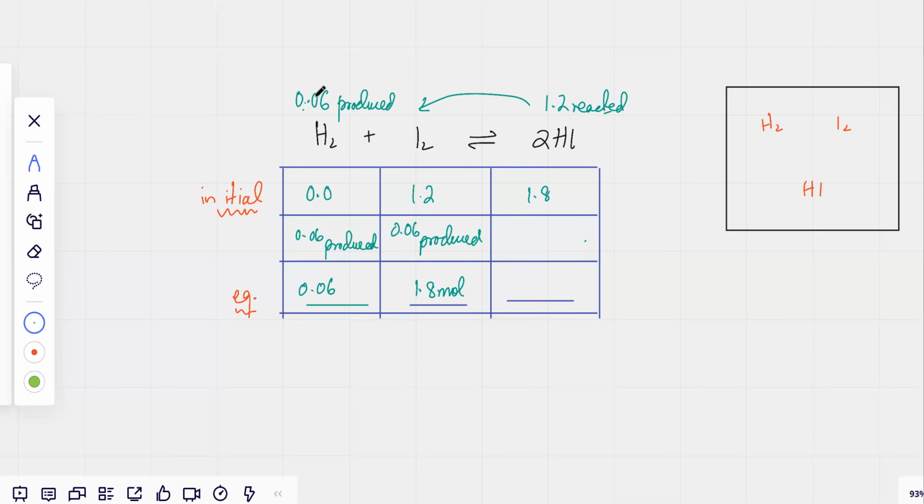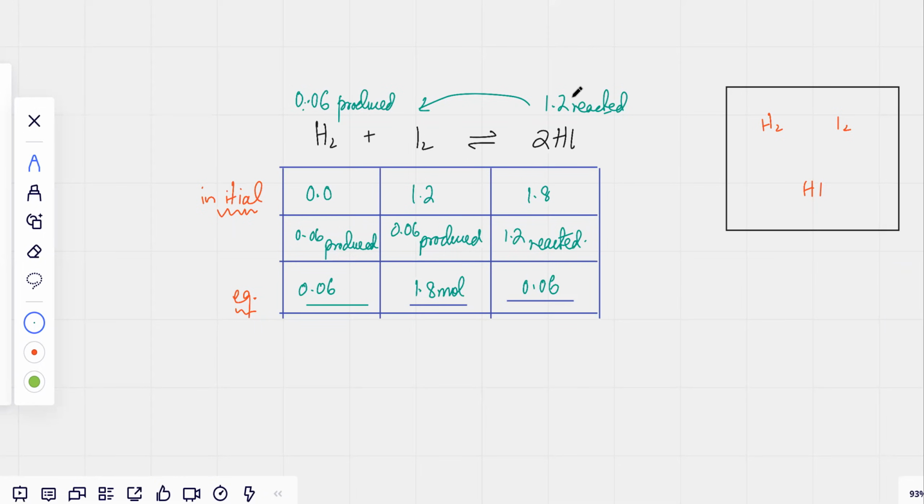To produce 0.06, double the amount of HI would react. So it's going to be 1.2 that are reacting. So they're gone. Out of the 1.8, 1.2 are gone, so you're left with 0.06. So is this clear?